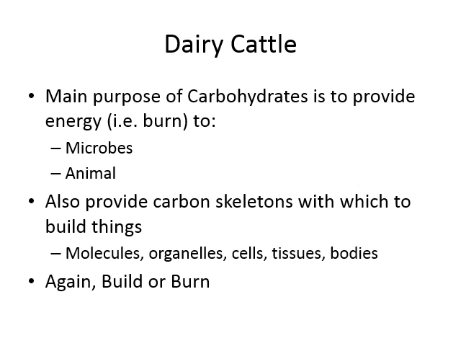It's also going to provide calories to the animal. The other purpose we talked about with carbohydrates is to build things. We take those carbohydrates, we use those carbon skeletons, those pieces of those molecules, to build the components of a body. So molecules, organelles, cells, tissues, bodies. Again, build or burn. We've discussed that before.